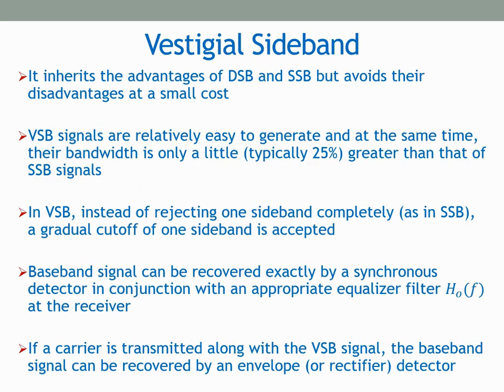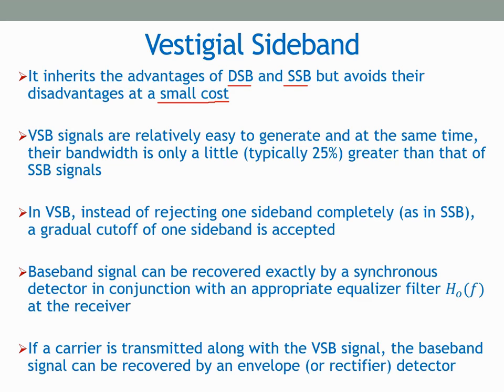Now, VSB, the vestigial sideband, inherits the advantages of DSB, double sideband, and single sideband, but tries to avoid their disadvantages, and there's a small cost, as we will see, in terms of the bandwidth.